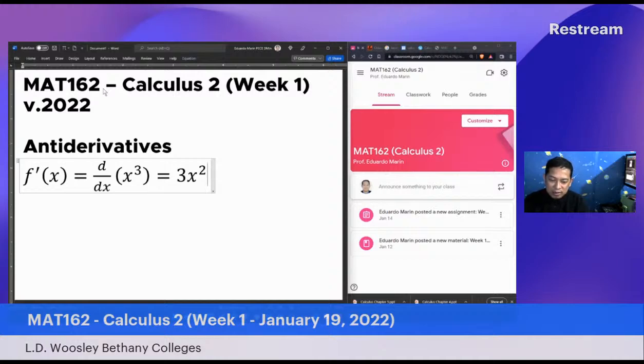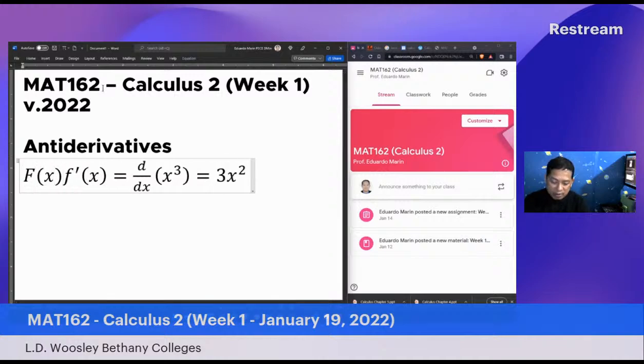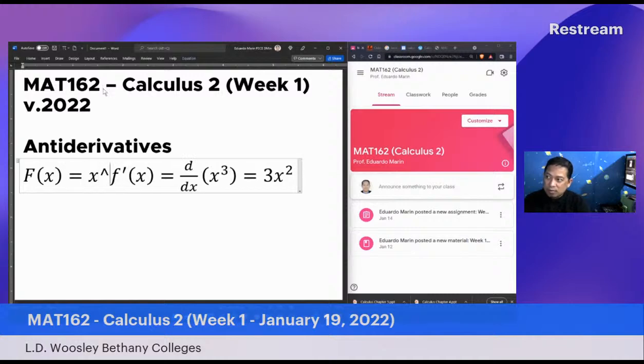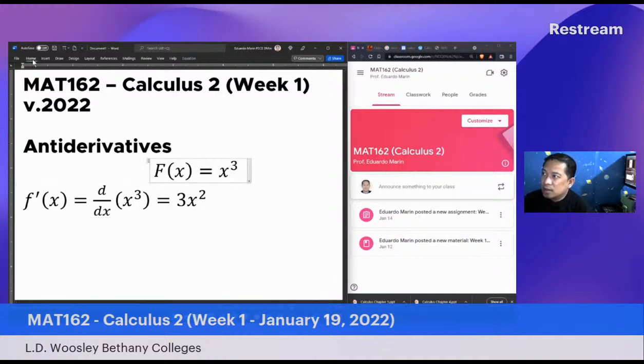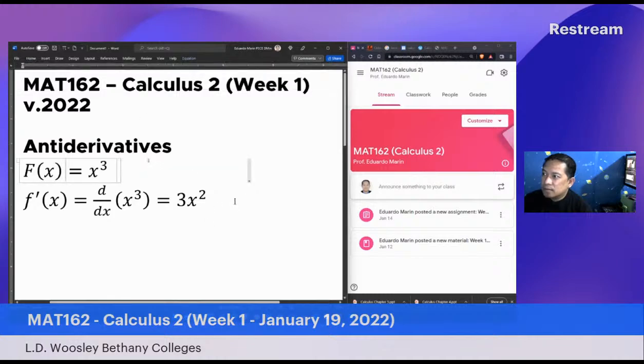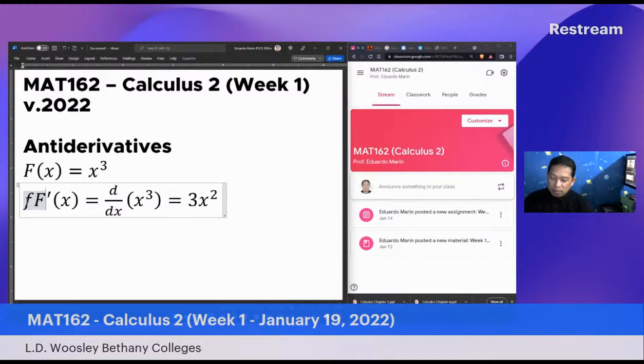And then we will go back. So it follows that if F of x is equal to x cubed, then F prime of x is equal to the derivative of x cubed, which is 3x squared.